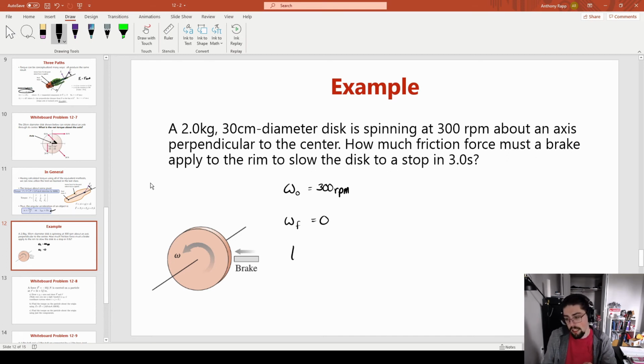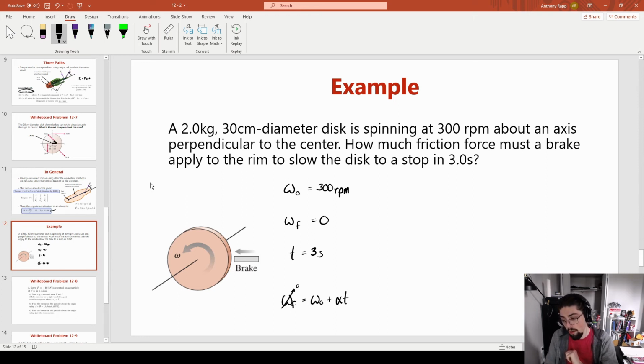There's a time that I need to do this in, 3 seconds. And I think back to my kinematics and I say initial velocity, final velocity, time. The only other thing that I would need to finish this equation out would be acceleration. That is, omega F is equal to omega naught plus alpha t.